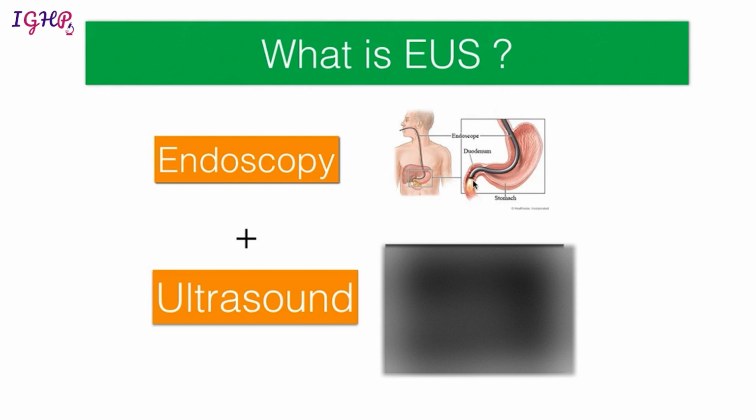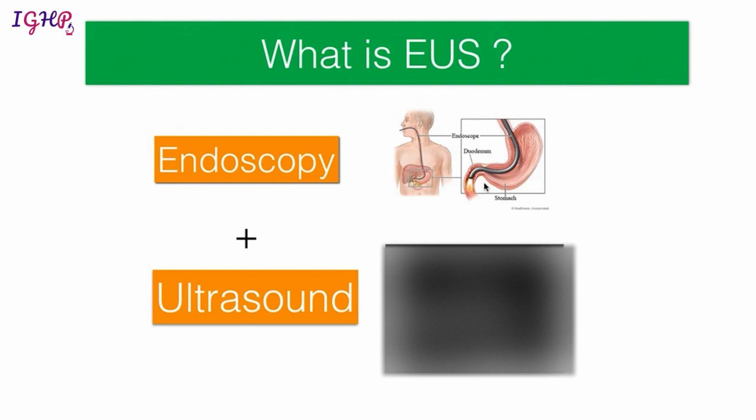So it has a dual role: a camera is attached here, and in addition we also have an ultrasonographic probe. With the help of this probe, it can pass sonographic waves, and these waves can cross the GI lumen and help visualize areas that are outside the GI tract but in the vicinity of the gastrointestinal tract.